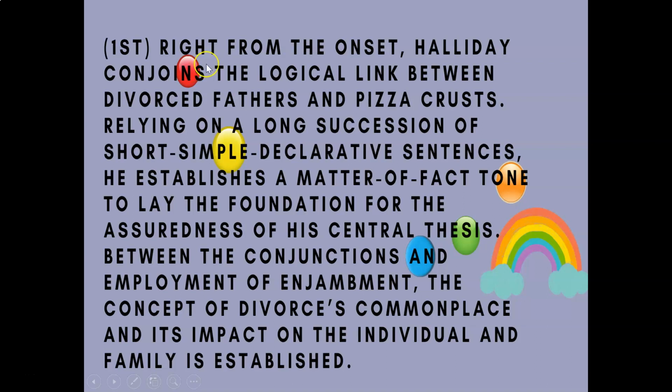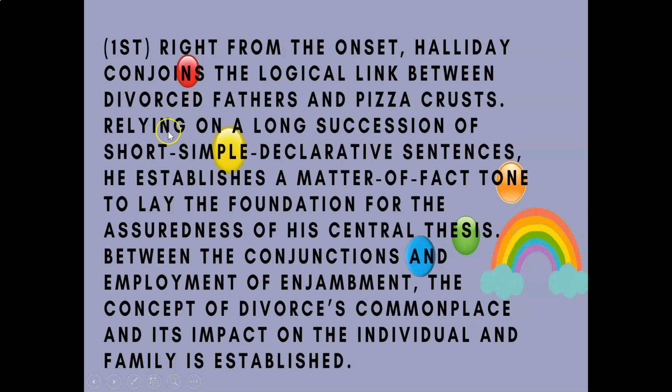So he's creating a juxtaposition between divorce and pizza crust, right? So by saying conjoined, I've implied the term. You don't have to be explicit. I often like it when students are not so explicit and forthright in stating their terms, devices, techniques. So I got that indicated by red Skittle.